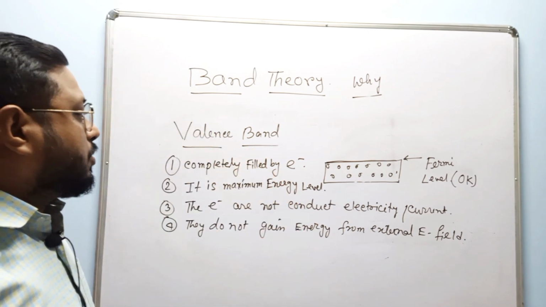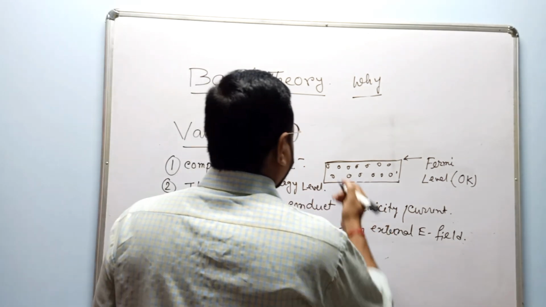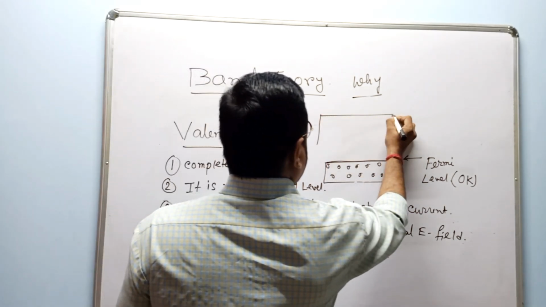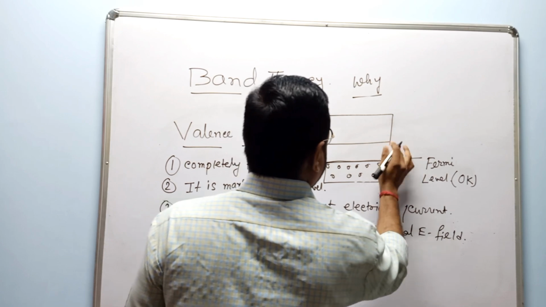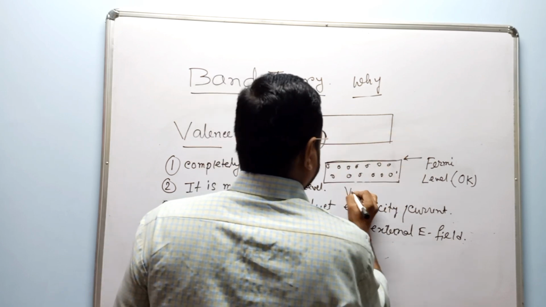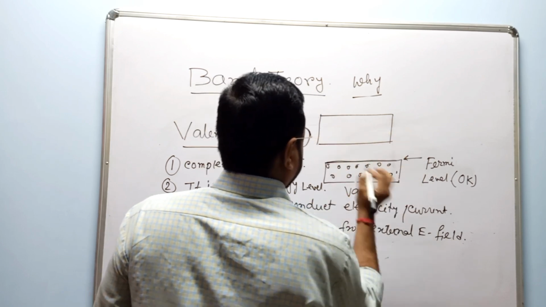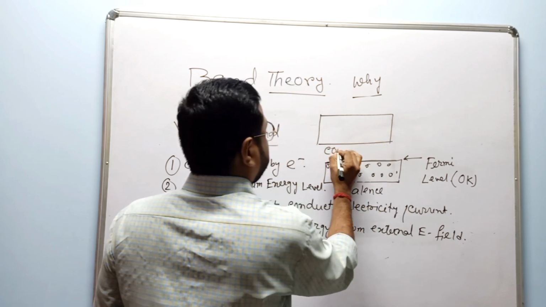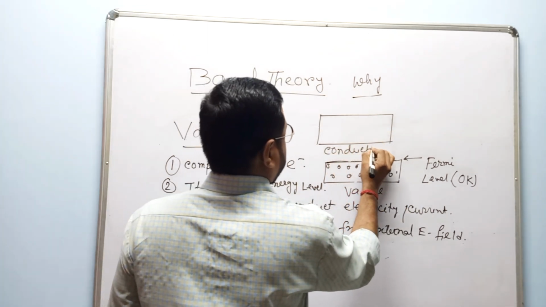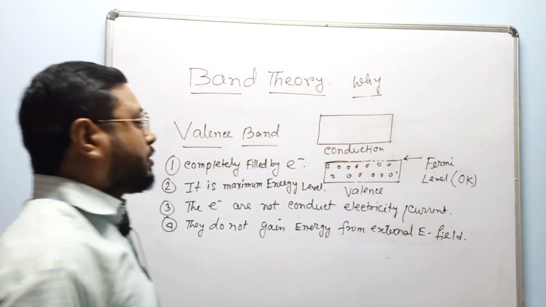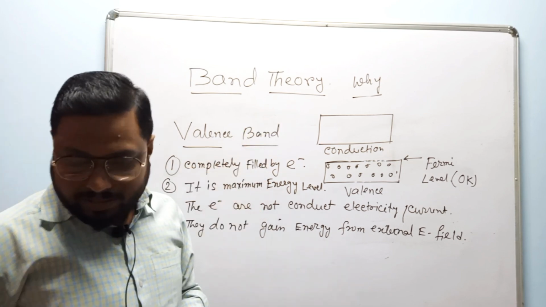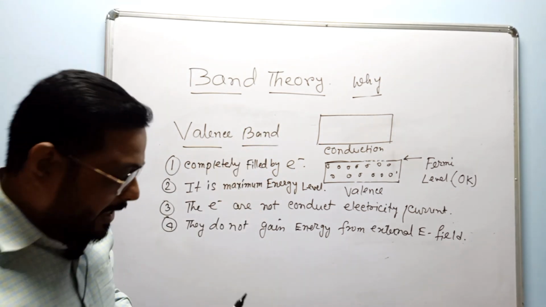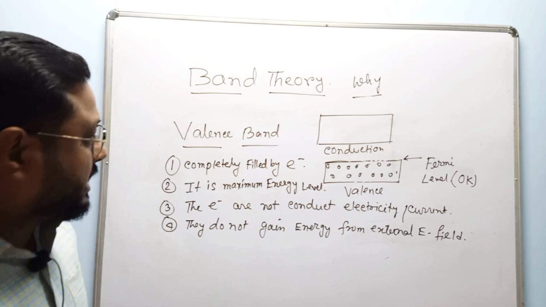Now the other band, which is known as conduction band. This is valence band and this is the conduction band. The conduction band is partly filled, not fully filled. It must be either empty or completely filled.